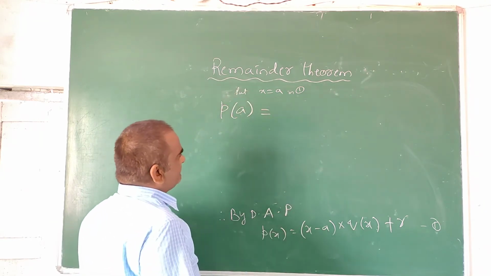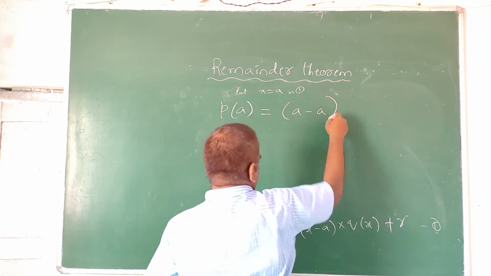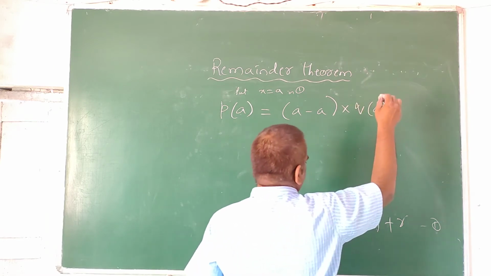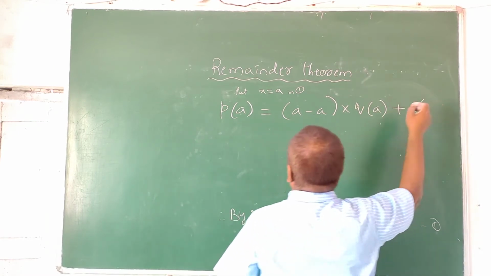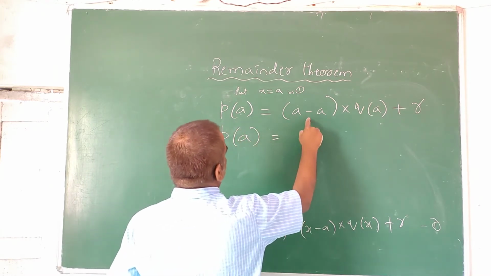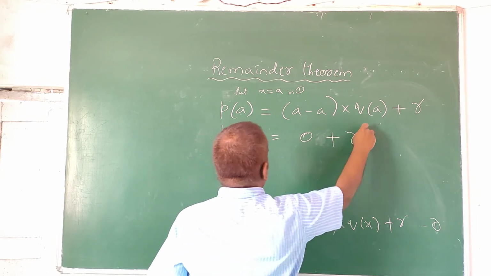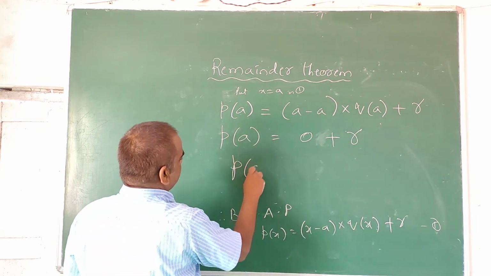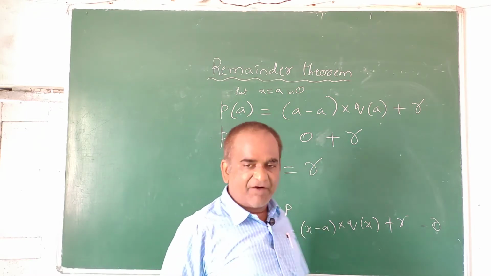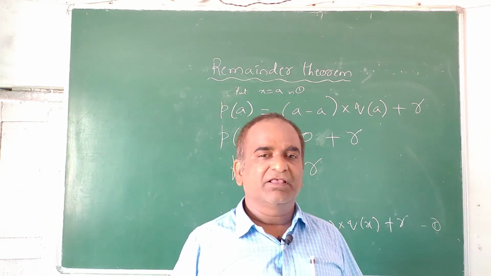So in the place of x you have to put a, which is equal to a minus a into q of a plus r. So p of a is equal to 0 into something, 0. So it is 0 plus r. So p of a is equal to r. Therefore the remainder is equal to p of a. This is how we have proved the remainder theorem.